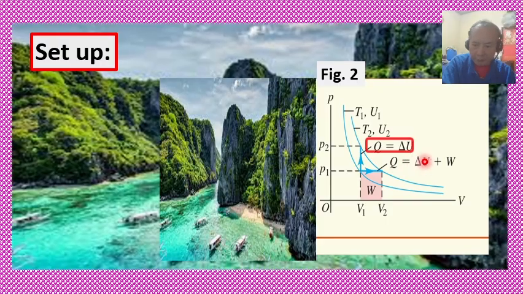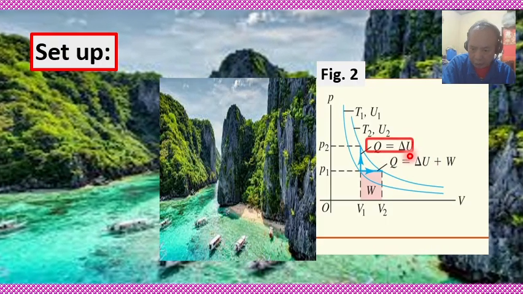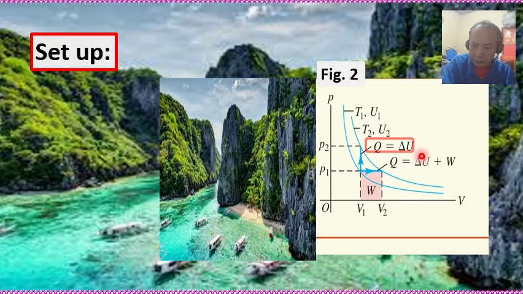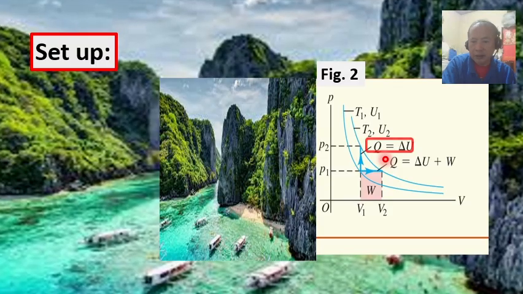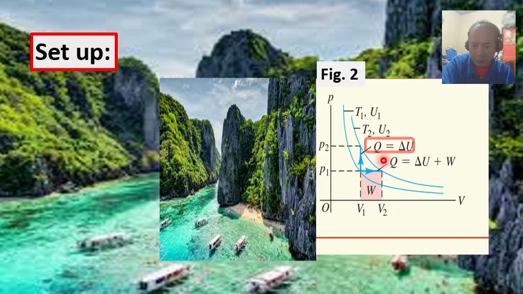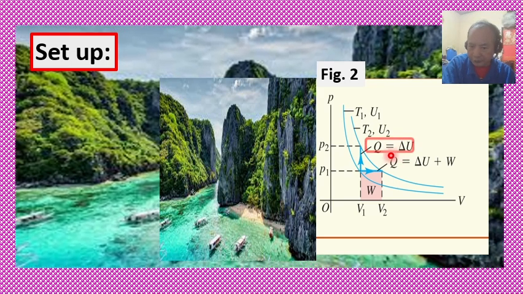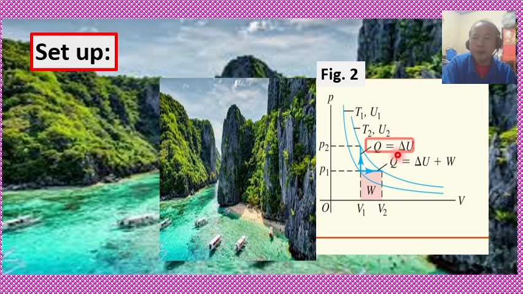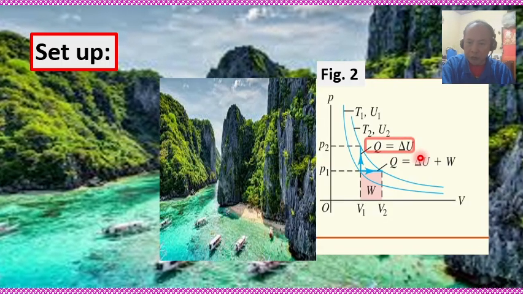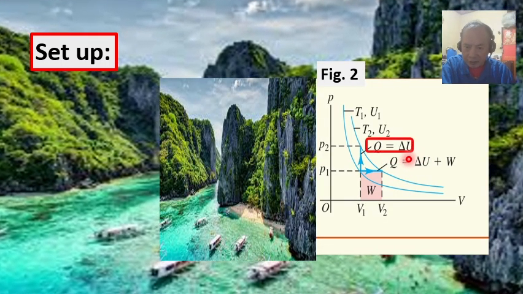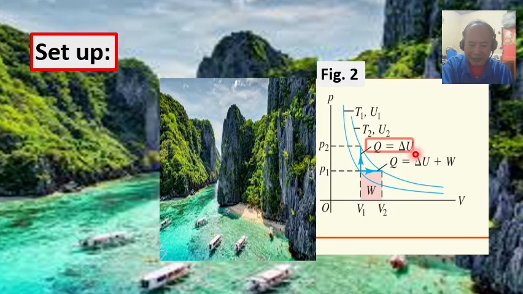And again, based on the first law of thermodynamics, if the work done W is equal to zero, then it follows that the heat big Q that is supplied to the system is just equal to the change in the internal energy of the system or the gas.